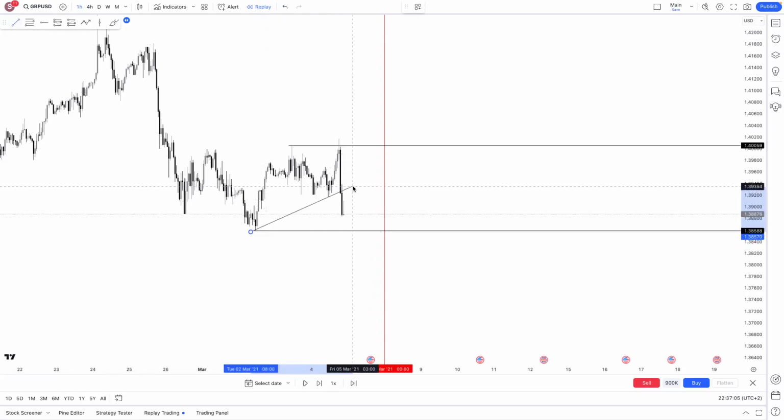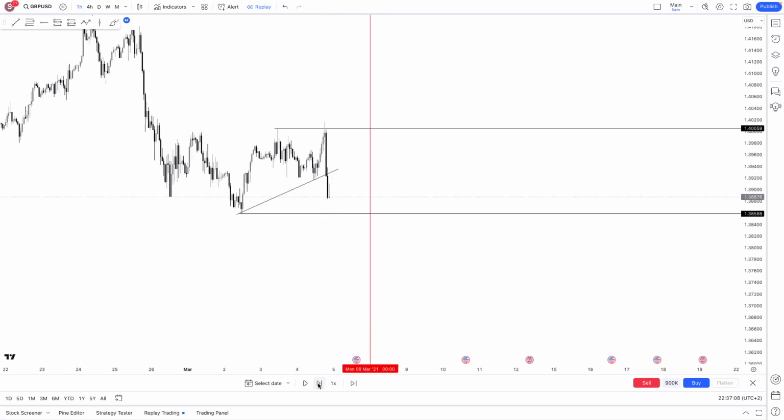So this is the correction. Now I would like to see a pullback and then look for continuation.